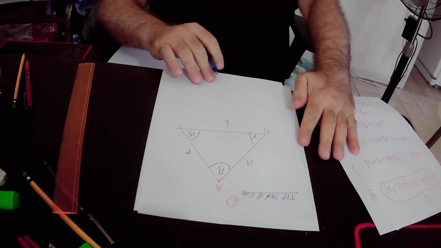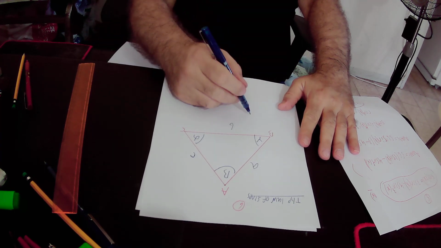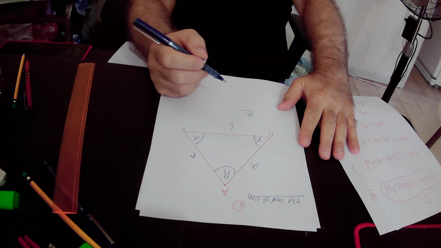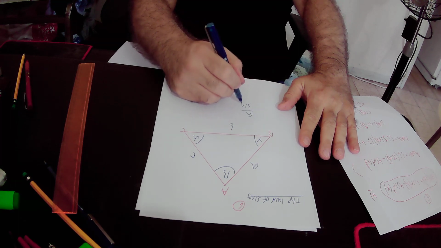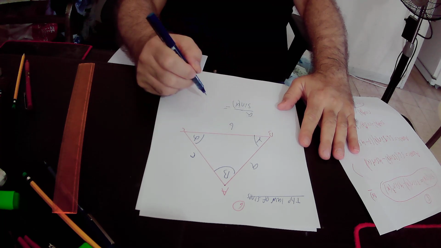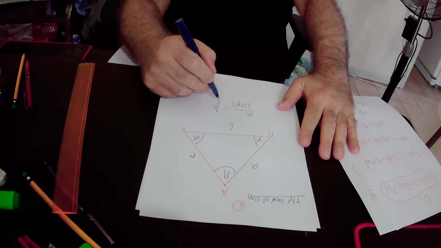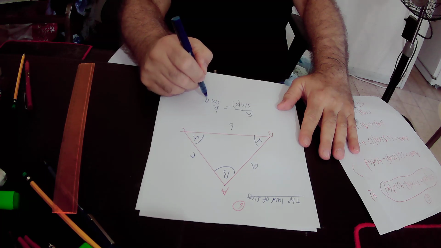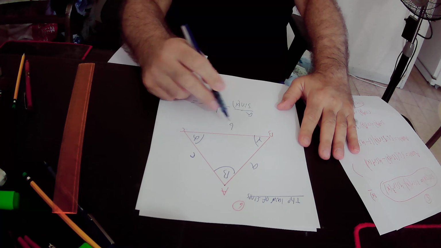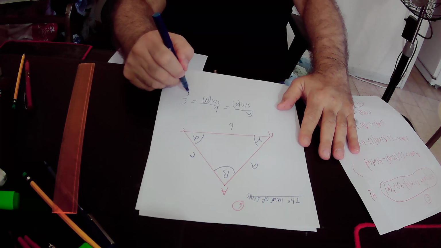Then according to the law of sines, A over sine alpha equals B over sine beta equals C over sine gamma.